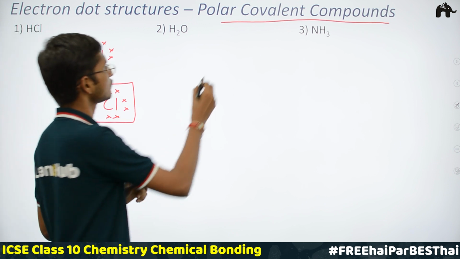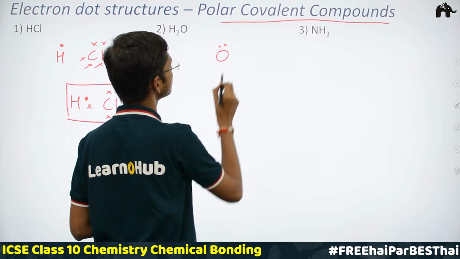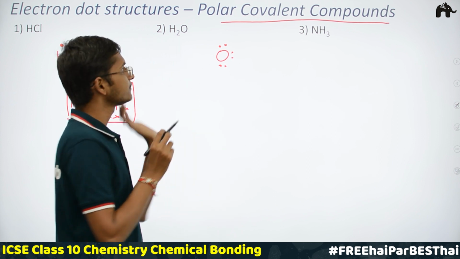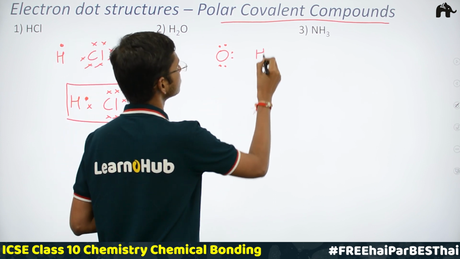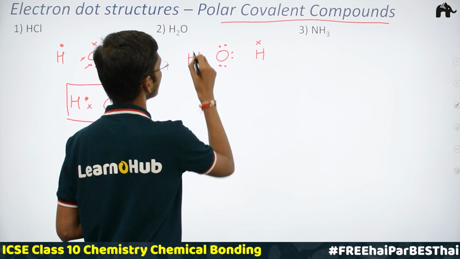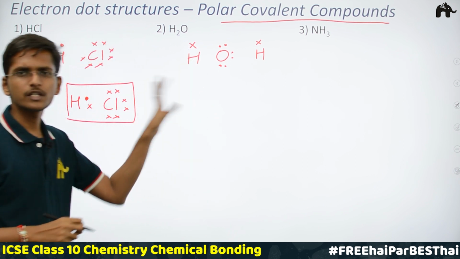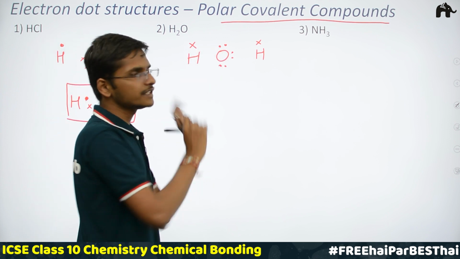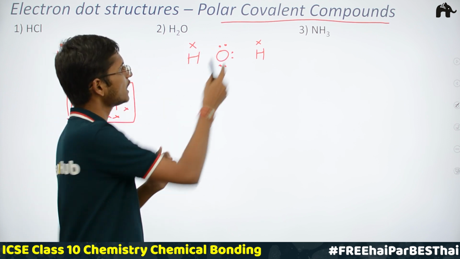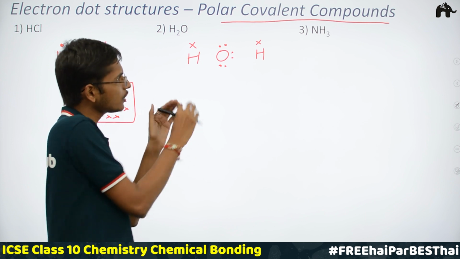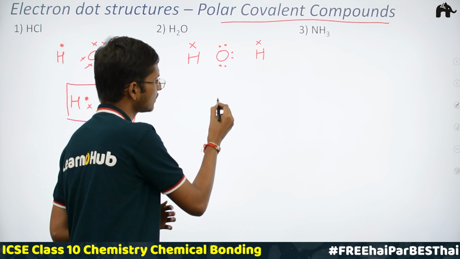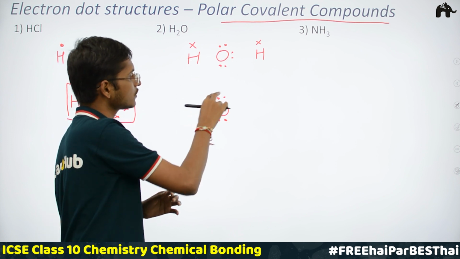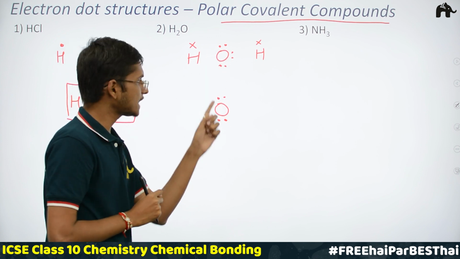Okay, next, moving ahead, water. So what would water do? Oxygen is having 6 electrons, 1 2 3 4 5 6 in its outermost shell, and hydrogen is having 1 electron in its only shell, we know. So oxygen is in need of 2 electrons, and hydrogen is in need of 1 electron. So what can oxygen do? It can follow this process. Its 2 pairs, it would keep as they are.